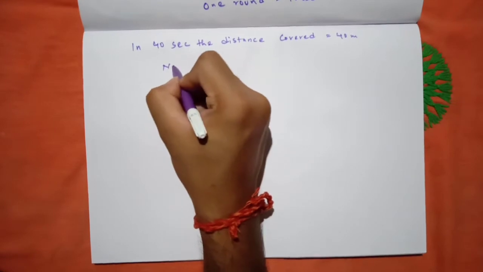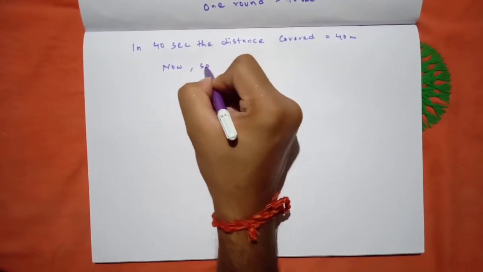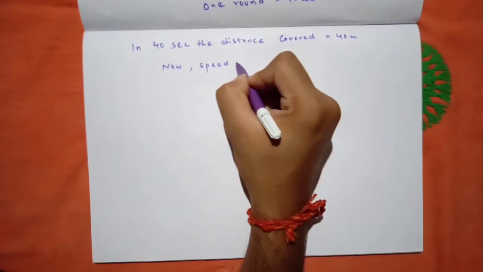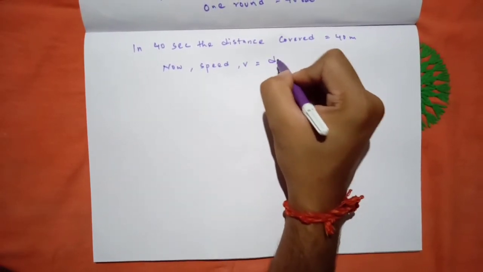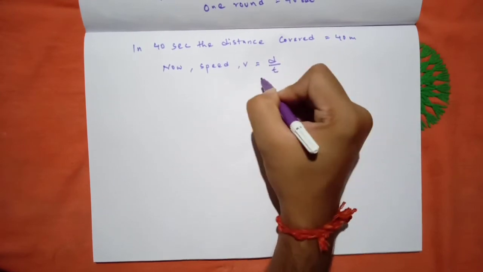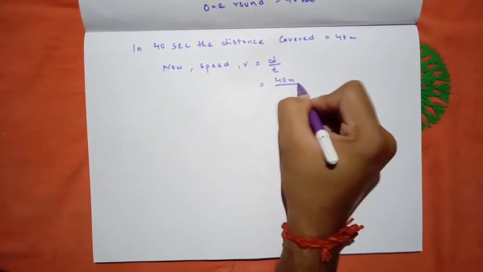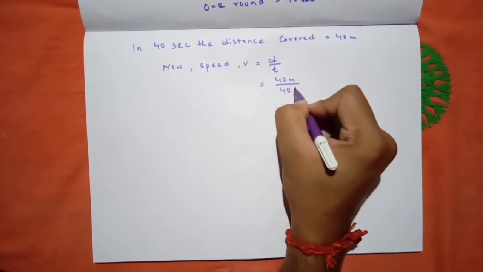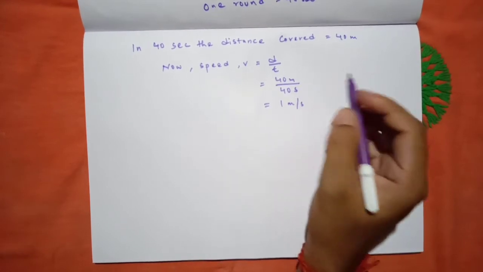Now let us take out the speed of the farmer. The speed, which is v, equal to distance by time. The total distance is 40 meter and time is 40 seconds, so it is equal to 1 meter per second.